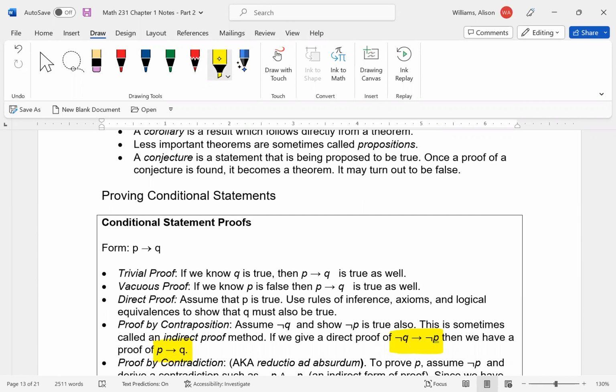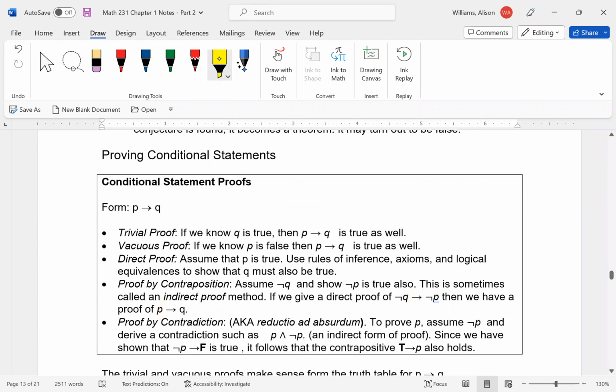And then proof by contradiction, which is also called reductio ad absurdum. That means we assume something is true and show that we get an absurdity or a false statement, a contradiction. We're going to look at all of these.